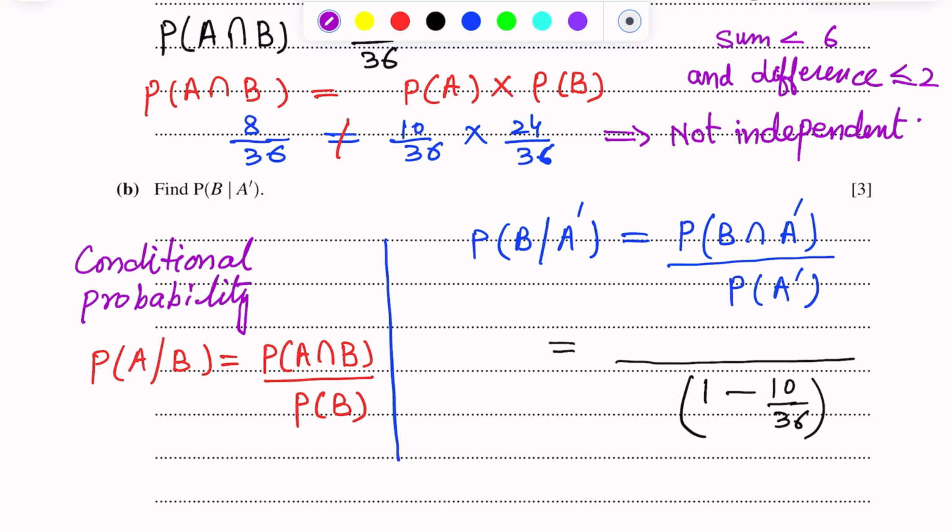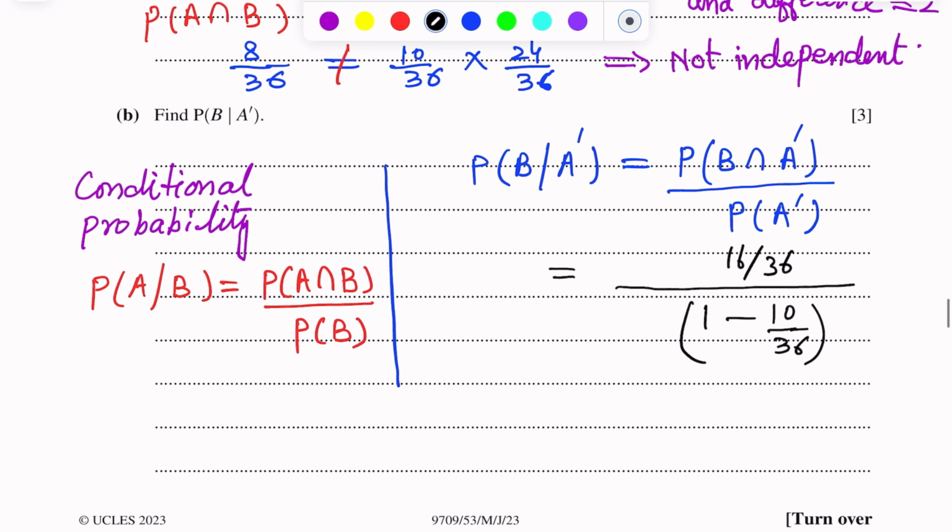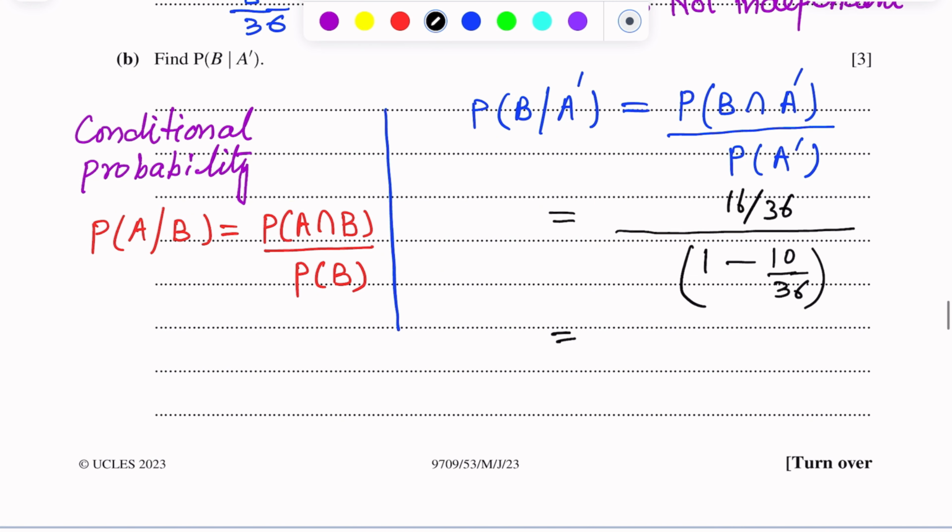So we write here 16 over 36. Now simplifying it, the numerator is 16 over 36, the denominator is 26 over 36.